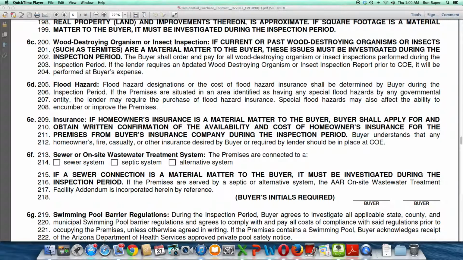The buyer shall order and pay for all wood destroying organisms or insect inspections performed during the inspection period. If the lender requires an updated wood destroying organism or insect inspection report prior to close of escrow, it will be performed at buyer's expense.